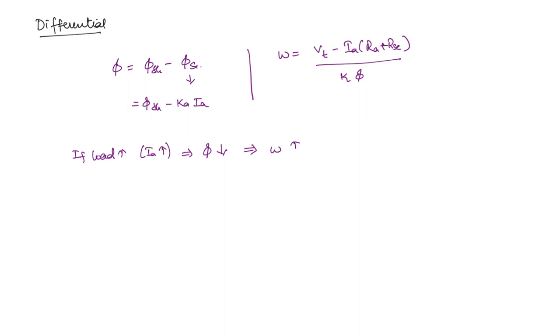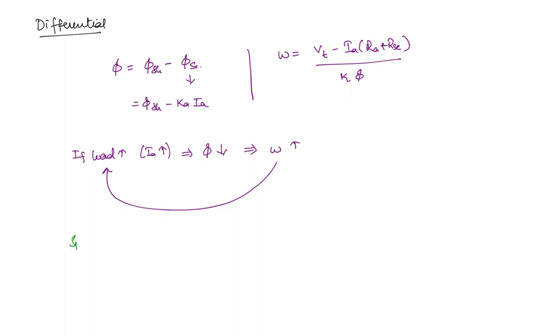Now what does it mean that the speed is increasing? That means it is taking more load. So the current is once again increasing. So you can see that there will be a kind of a positive feedback. So there will be a runaway condition that will be produced here. As load increases, the speed will keep increasing because of the positive feedback and it will reach dangerously high value.